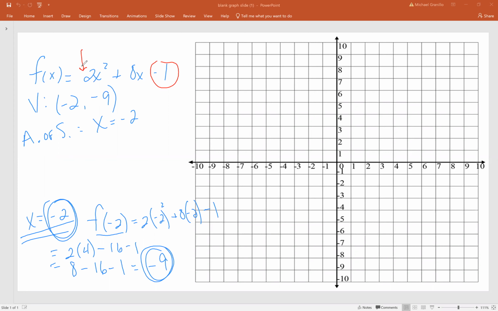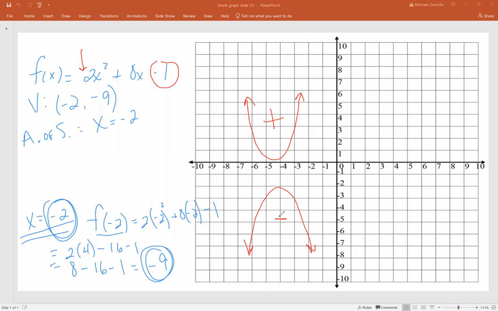If A is positive, that means that your parabola is going to go like this. That's for a positive A. If A is negative, it's going to look like this. And we should know this because that's a reflection.